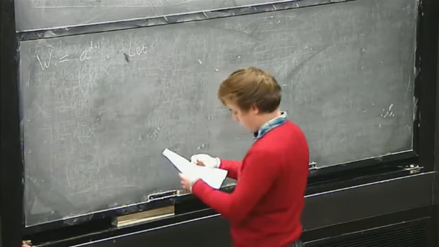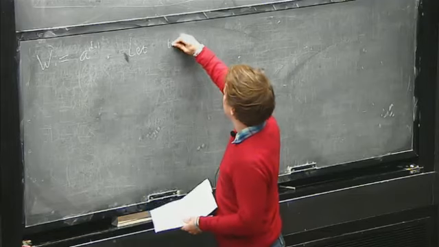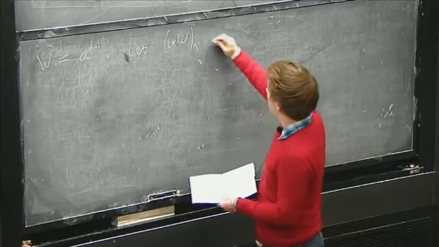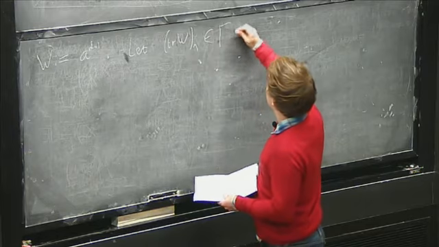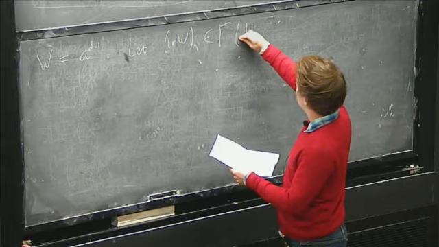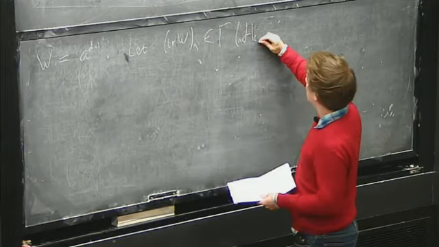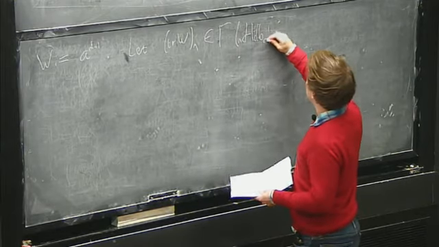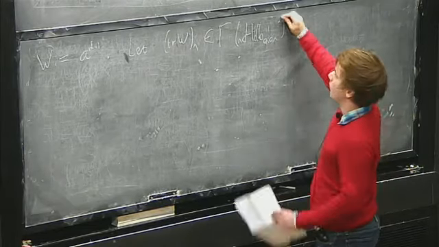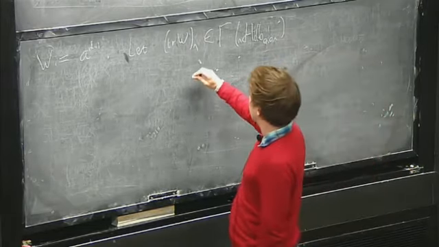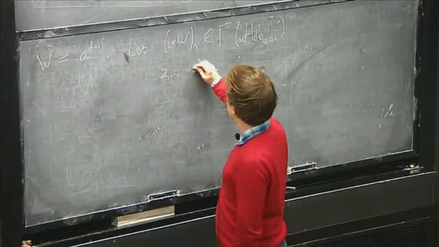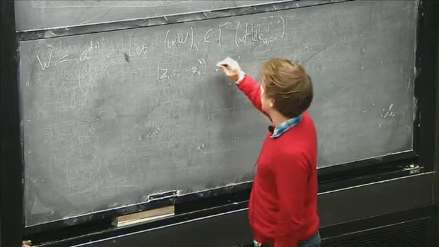I'm going to define a function. Again, there's a question of notation here. This is a function on NC Q0 n. And this function takes the unordered n-tuple z1 to zn.